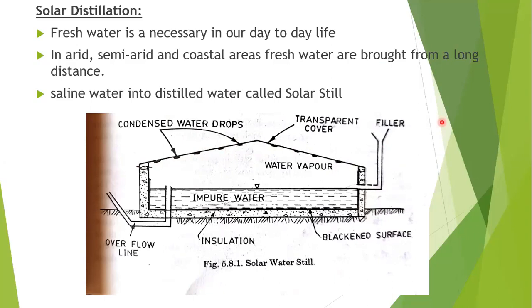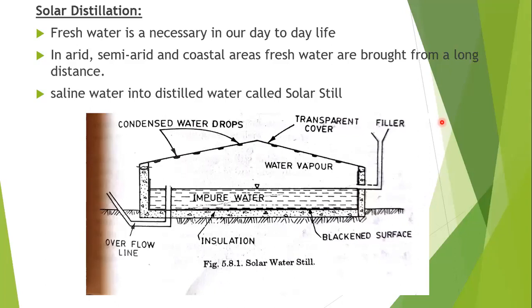If you see a purifier in our homes, the cost is very high, but this is a low-cost method, and the quantity of water we can obtain is also more here. Such solar stills have been operated for farms, agriculture purposes and community use. Several people in the community use them for various uses. We see solar stills in several countries.